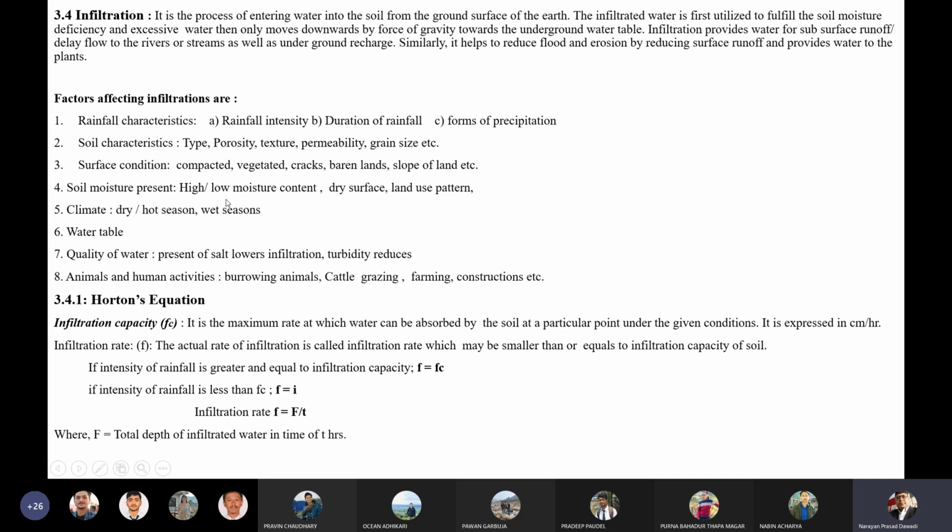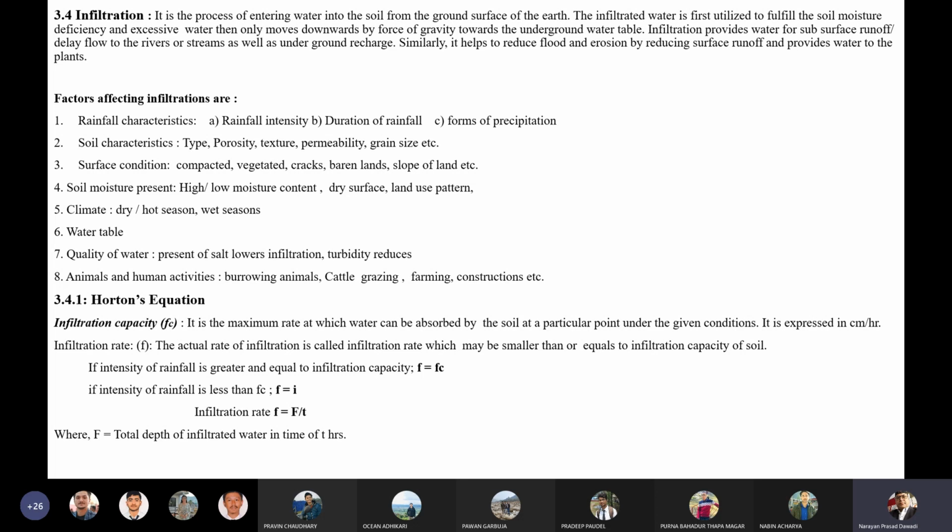Now, surface condition. What is the condition of the ground? If the ground is compacted, then infiltration will reduce, runoff will be high, so the infiltration will reduce. If the ground is vegetated, that is vegetation cover, there will be human activity of plowing and excavation timely done there, so the soil will be soft, and that soft soil can absorb more infiltrated water.